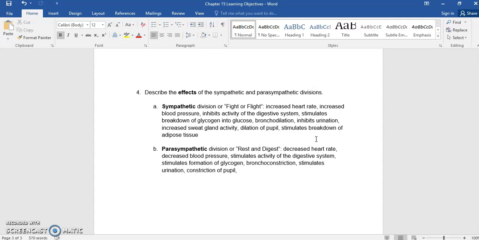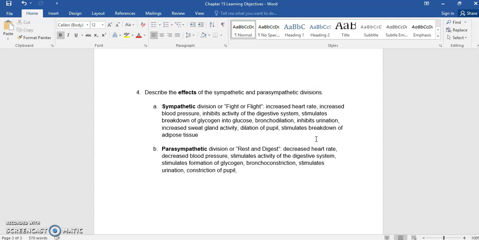Any nutrients that might be stored, for example glycogen, will be broken down into glucose, so our cells can use that for more energy. Our airways will open up. The smooth muscle that surrounds the walls of our bronchi relaxes, and then our airways will dilate, meaning their diameter gets larger, so we can get more air into our lungs, get more oxygen into our body, so we can make more energy. Usually we don't want to be going to the bathroom at that time either, so it will inhibit urination and defecation.